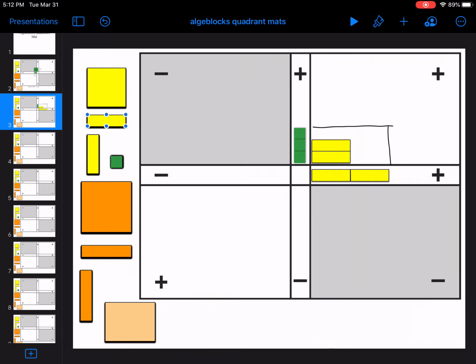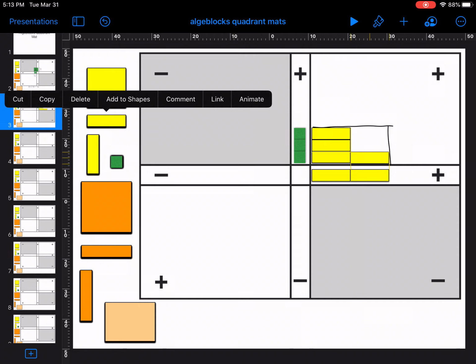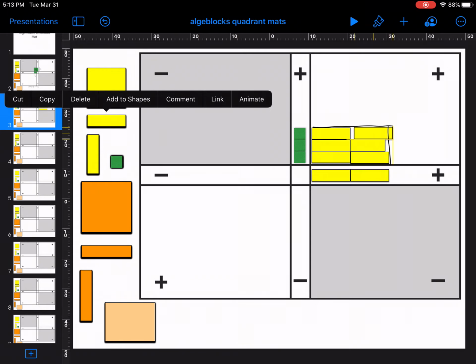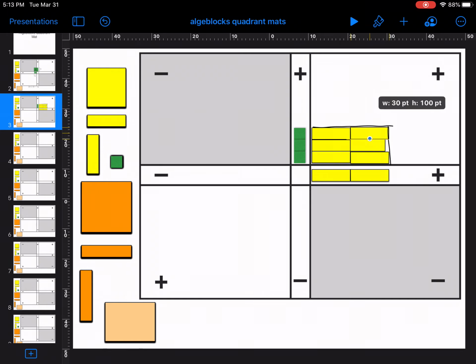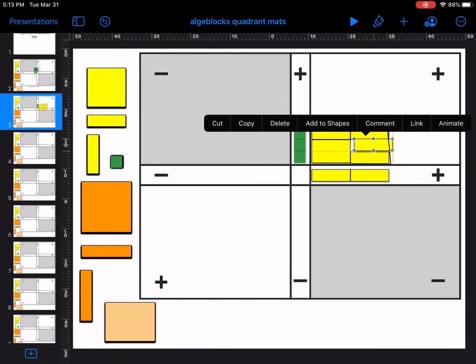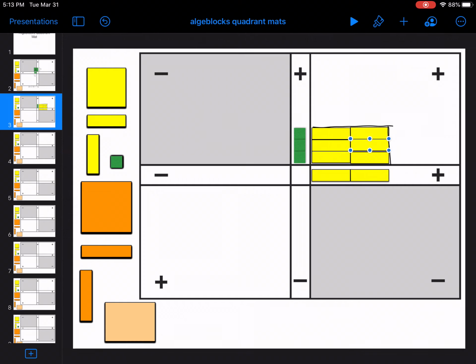There's another one. And there's another one. Okay. And the same thing for the second yellow rod. Making sure everything lines up.